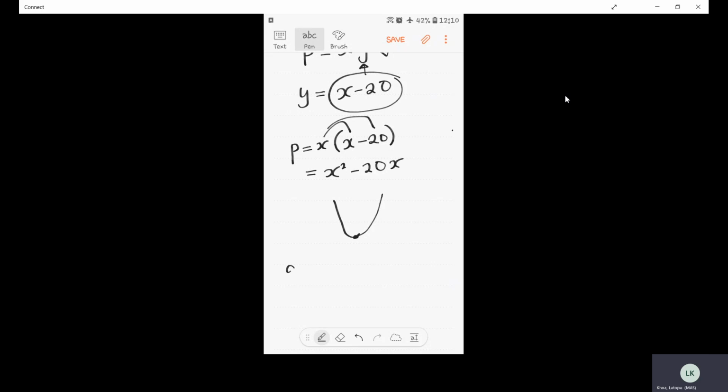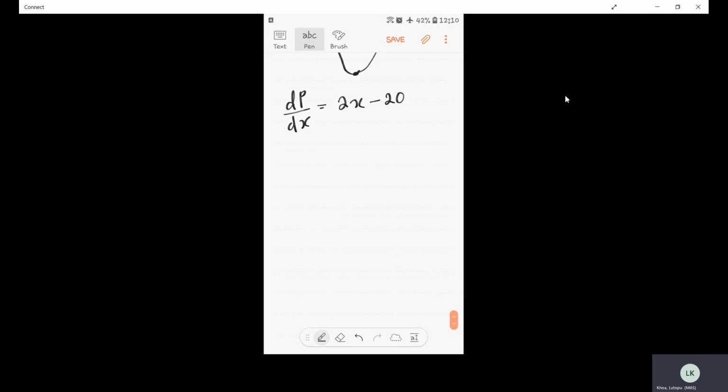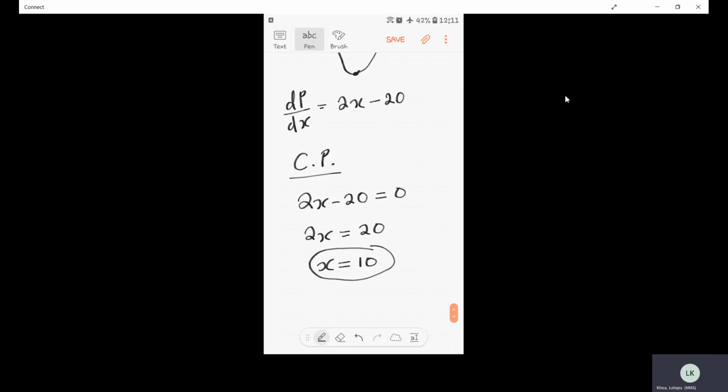So we find dP/dx. This is equal to 2x minus 20. Then the critical point, this means 2x minus 20 is equal to 0. This means that 2x is equal to 20, and therefore x is equal to 10. So my critical point occurs when x is equal to 10.